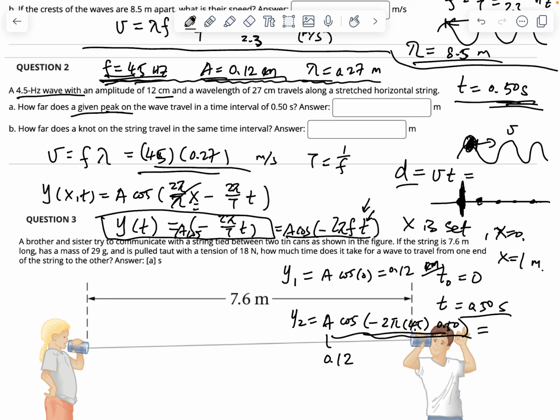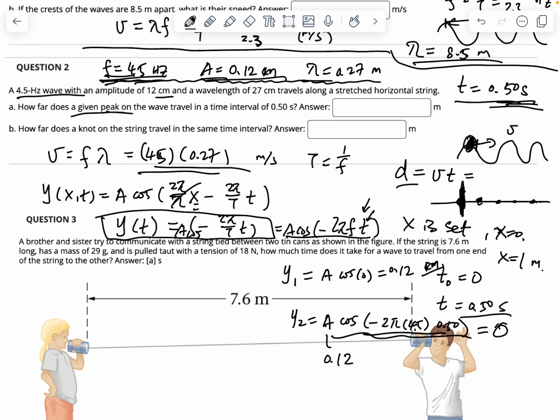And then you have to do cosine. Okay, oh my God, I get this 0.